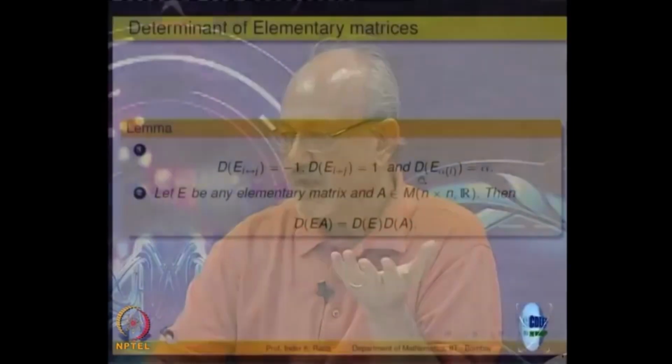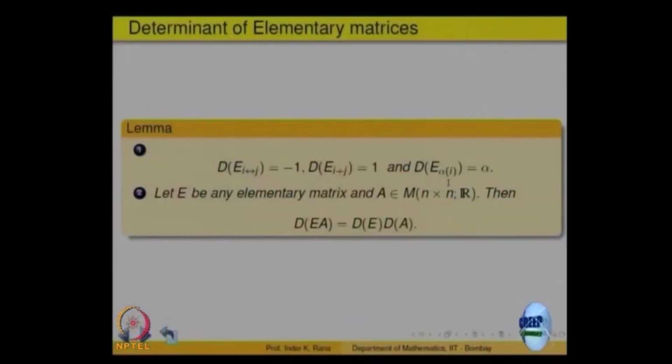That is the same as the determinant of the identity matrix, which is 1. What about alpha times Ri? That is linearity: when you multiply a particular row by alpha, alpha comes out. So the determinant of the elementary matrix which multiplies the ith row by alpha is just alpha.